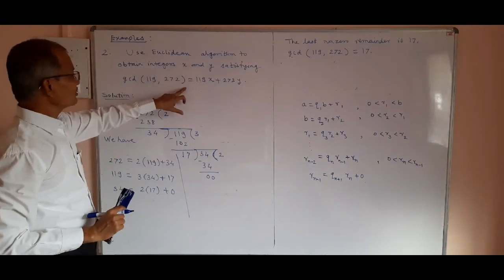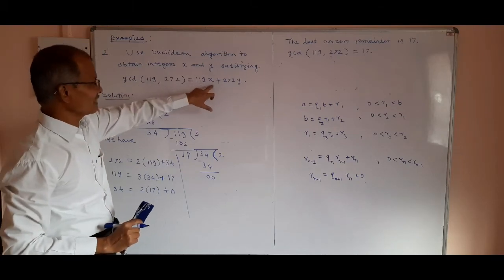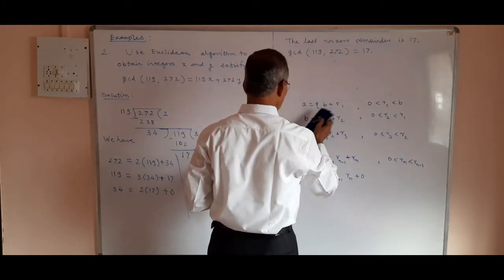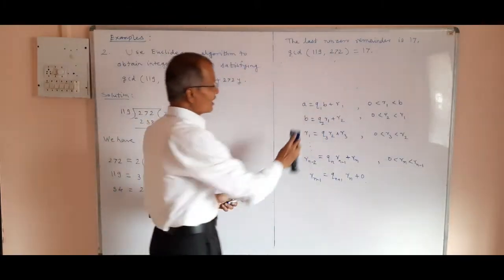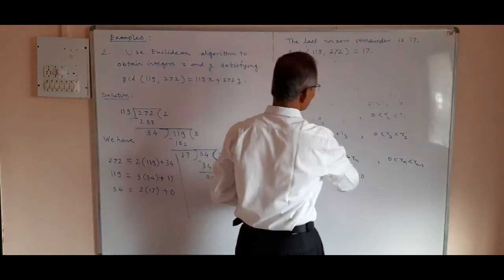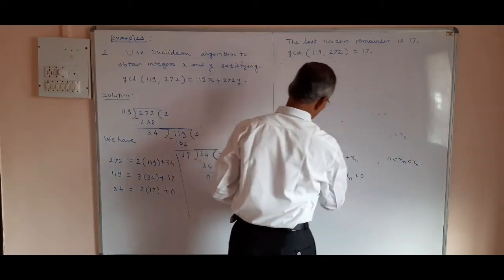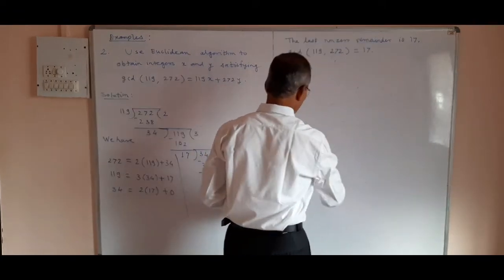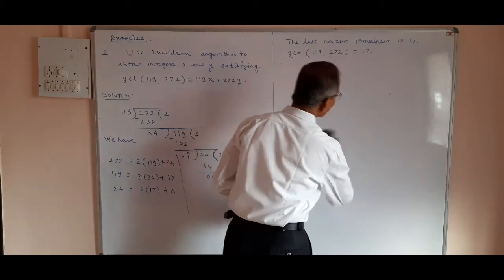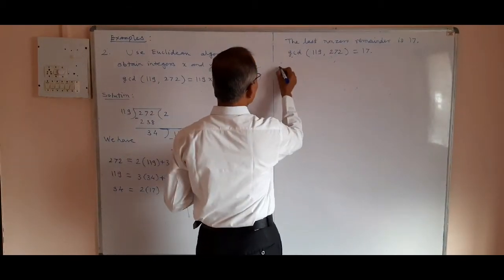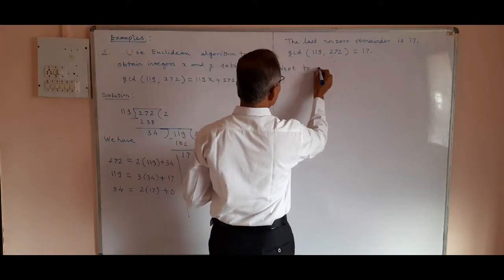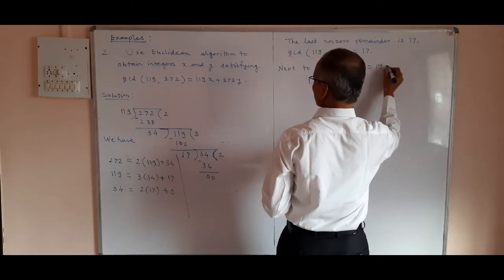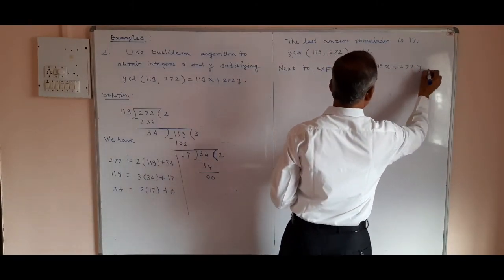Now we are asked to show that this GCD 17 is equal to 119 x plus 272 y. For that purpose, we have these equations. Now to express 17 further in terms of 119 and 272, next, we express 17 as 119 x plus 272 y.